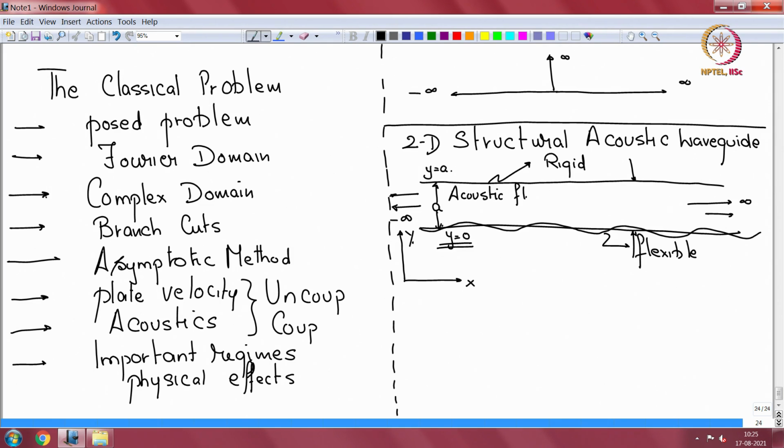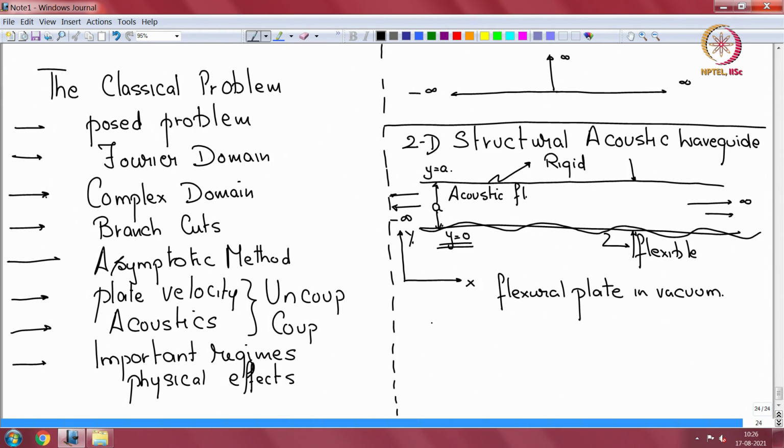So what is interesting about this problem? The fact is that if this flexural plate, the bottom plate, was placed in vacuum, then it will carry a flexural wave unaffected by any fluid.